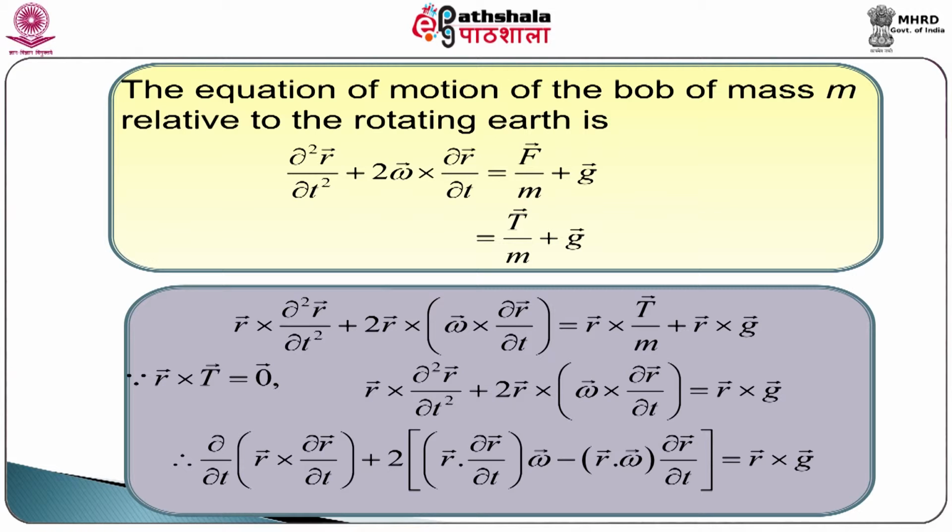Since r vector and T vector are parallel vectors, the first term on the right hand side vanishes. Thus, we have r vector cross del 2 r vector del t2 plus 2 r vector cross omega vector cross del t of r vector is equal to r vector cross g vector. Here cross means we are considering the cross product of two vector quantities.